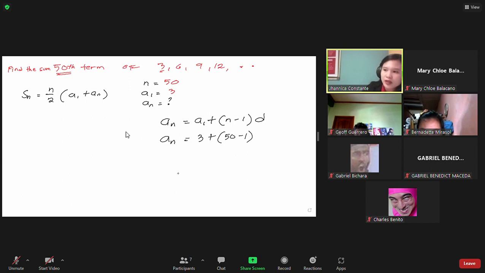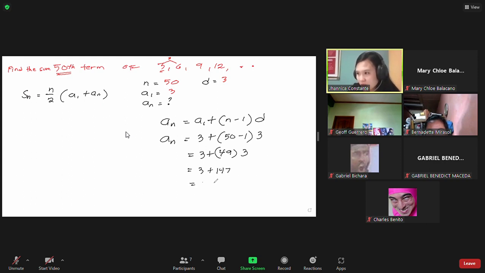And the common difference of our arithmetic sequence is equal to 3, since 6 minus 3 is equal to 3. So times 3. So 3 plus 49 times 3. So the nth term is equal to 150. So that is our nth term.